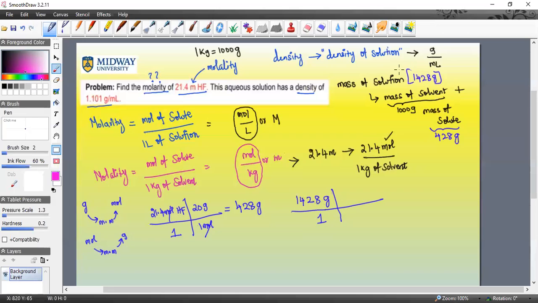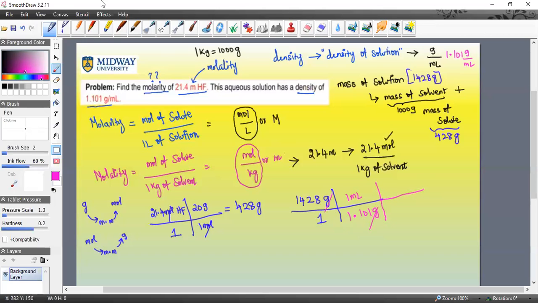And we have the density of the solution, which is 1.101 grams per milliliter, right? So if we put the grams at the bottom and the milliliters at the top, well, guess what? Gram cancels out. Now we're left with milliliters.